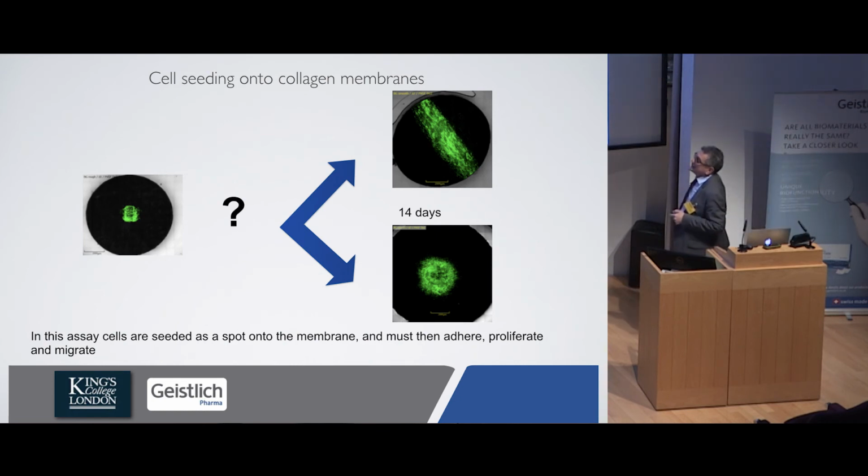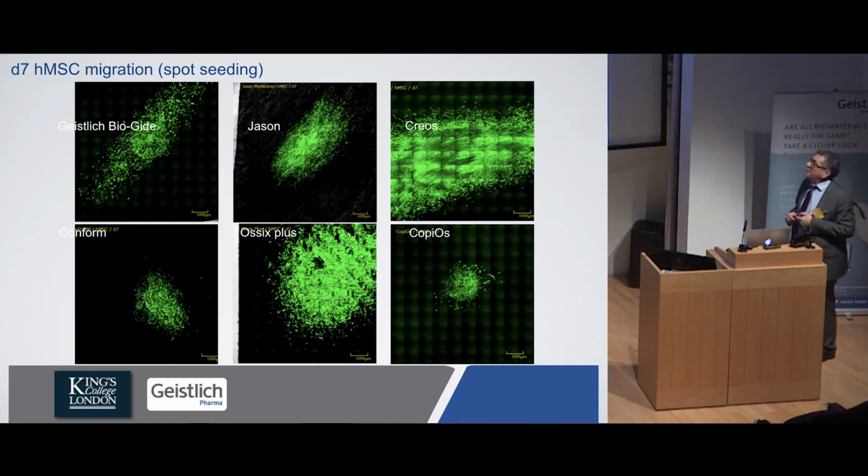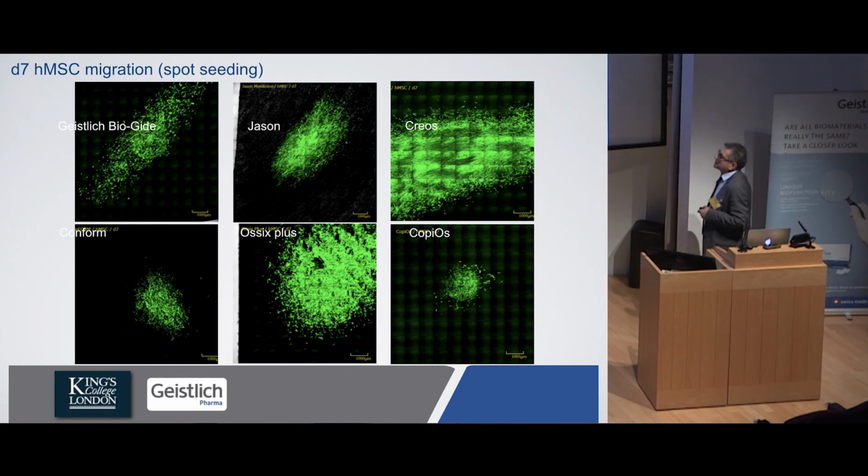But the membranes that have been reassociated have a completely different pattern of cell migration. And when you look at them, you can look at the different membranes and you can see the Bio-Gide one's very directional. Some of the others are quite different from that, but there's a range of different responses. But essentially, the ones that are derived from tissues are quite directional.